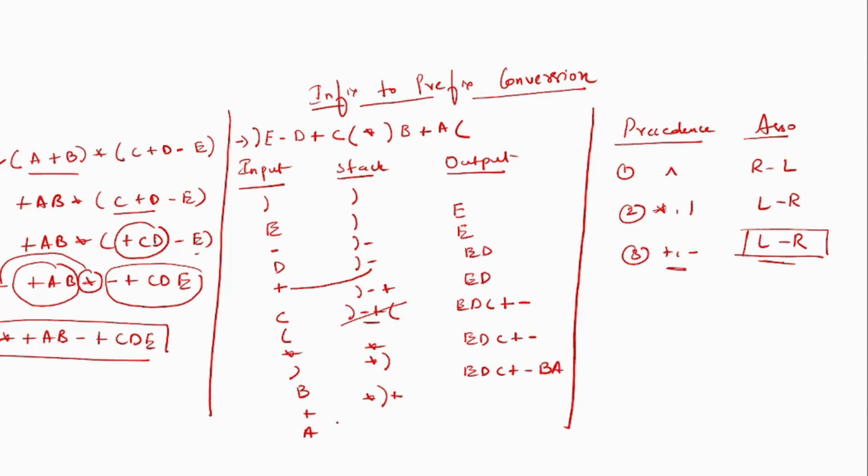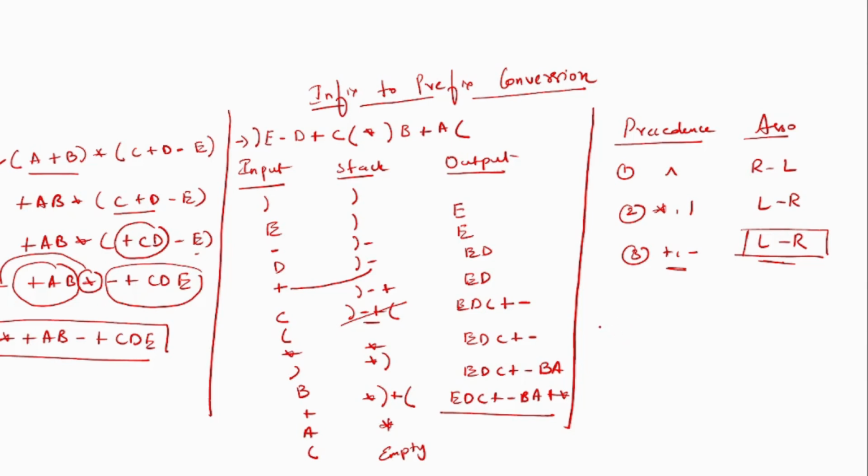Then comes the open parenthesis. Once I have an open parenthesis, I will pop all the operators in the stack. Then I can say here E D C plus minus B A plus. The only operator that is left is multiplication. We have scanned the whole expression and multiplication is left, therefore I will pop this multiplication also here. Then the stack is empty. This is not my prefix expression, actually this is the postfix expression, therefore I will convert this into prefix.